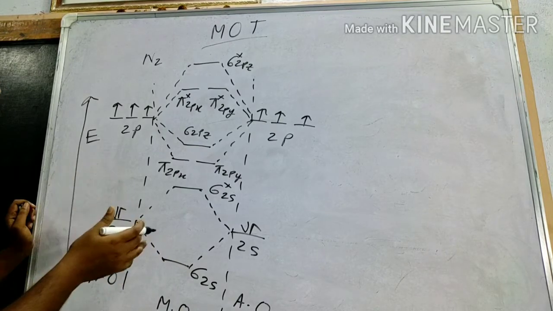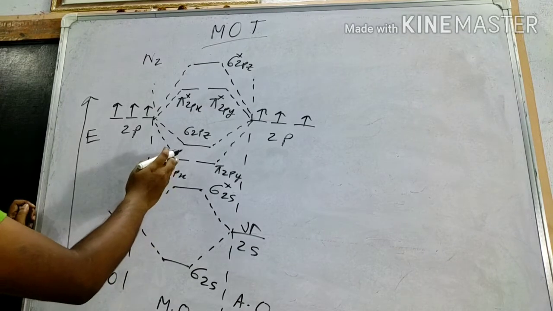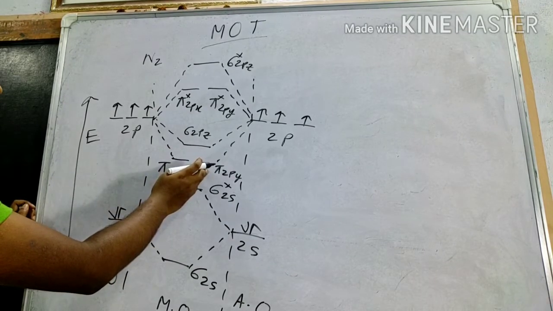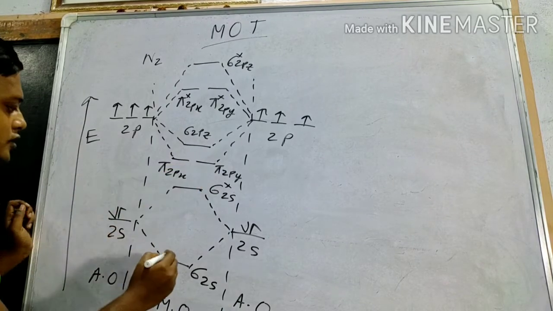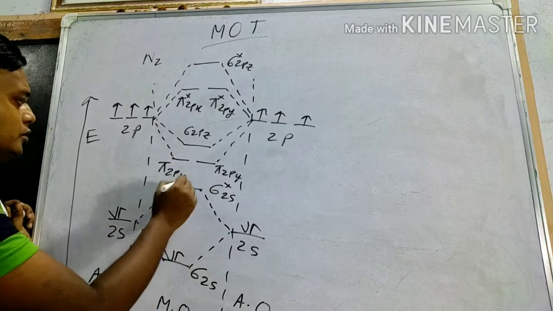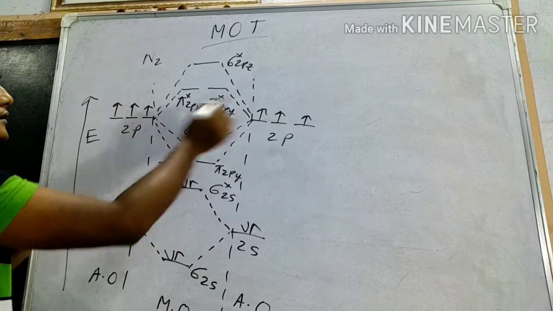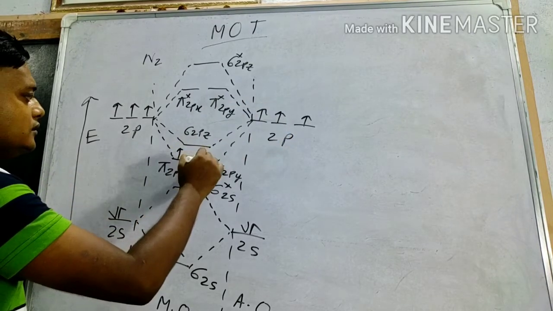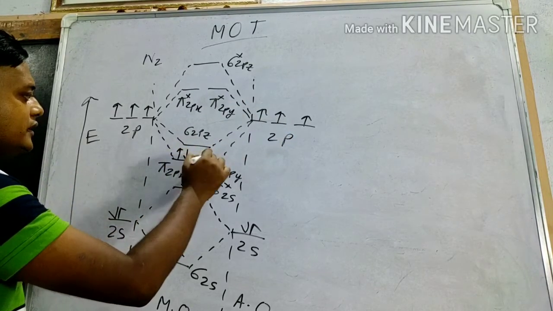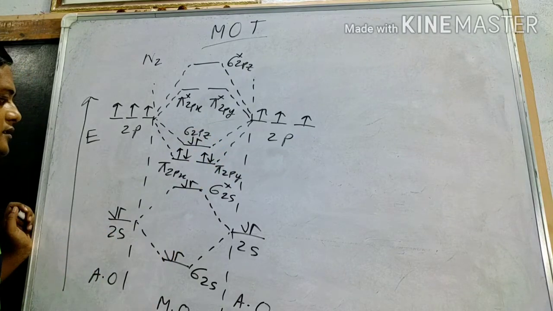That means the lower energy orbital is filled first, and for same energy orbitals, first singly fill up, then pairing. So 2 to 4. In 2p total 6 electrons, 3 plus 3, 6. So 1, 2, 3, 4, 5, 6.